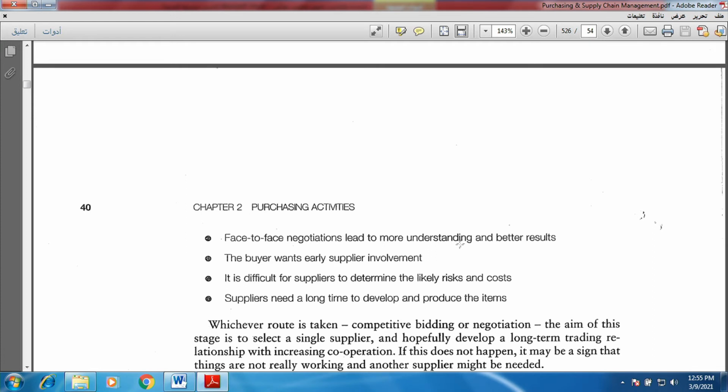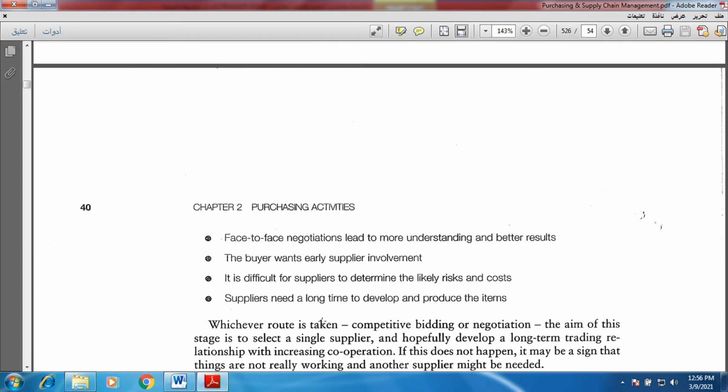Face-to-face is more powerful all the time. And when the buyer wants early supplier involvement because we have a new product, new market, new design or something innovative, we need a certain supplier side by side with us in the whole process. So we start by negotiating with one certain supplier and not moving to the RFP or RFQ by asking multiple suppliers.